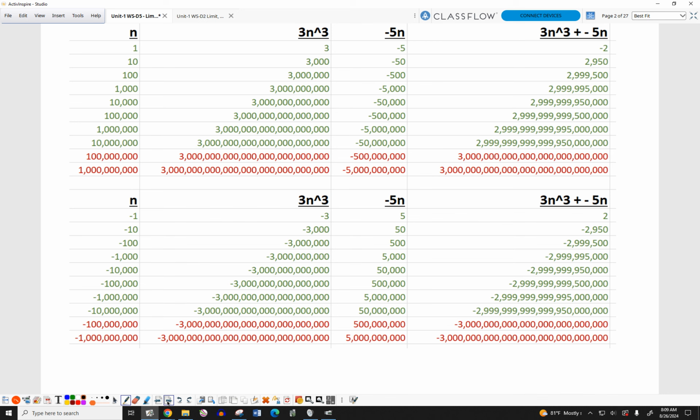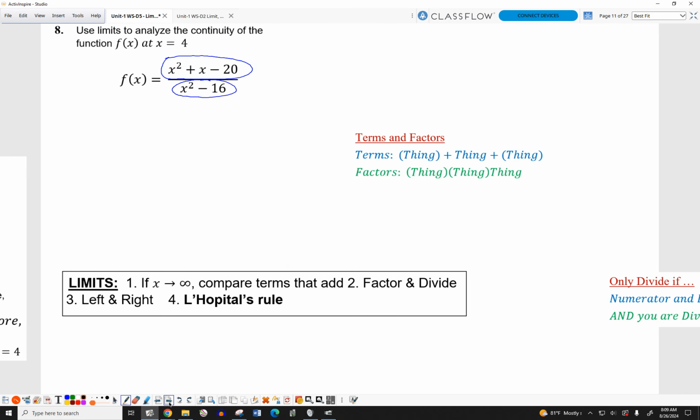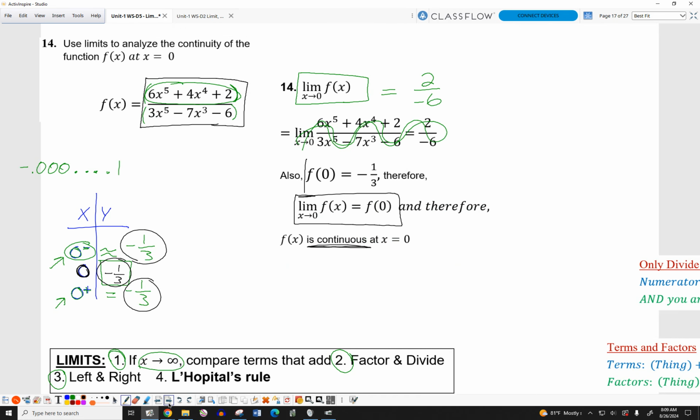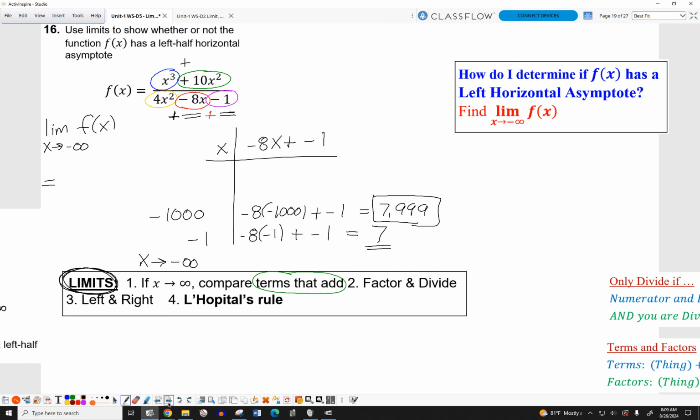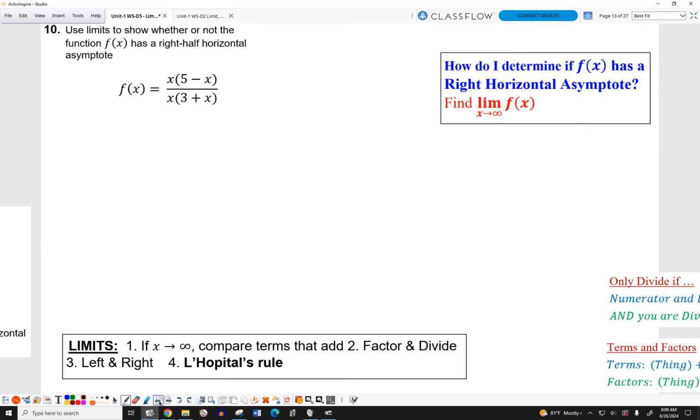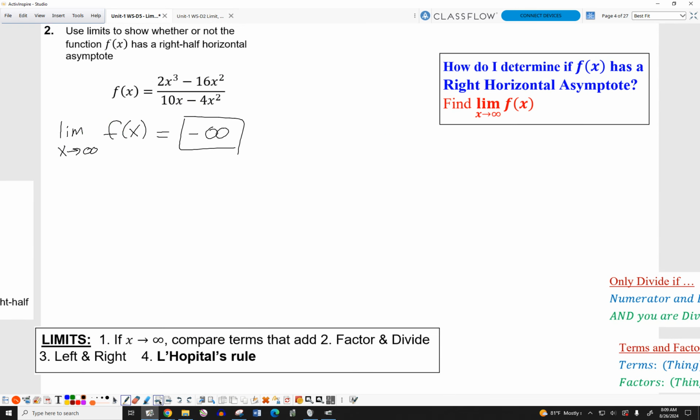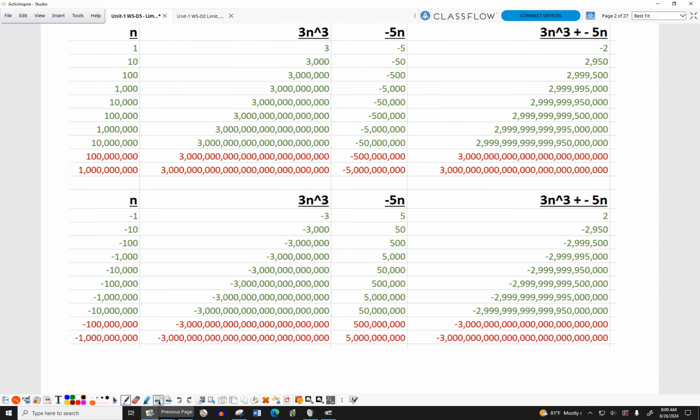That's pretty similar to this one here we had, 16. We were dealing with a negative 8x, so not that much different than a negative 5x. As far as when x becomes very negative, that's going to become very negative. Then we've got that 4x squared. Well, this table shows something being cubed, which will grow faster, but the same idea actually applies to the squared term.